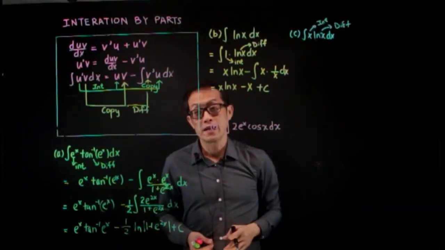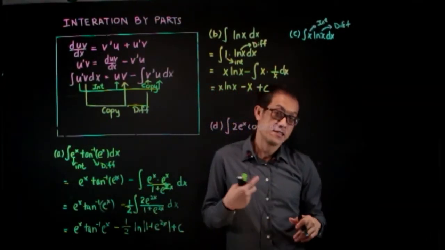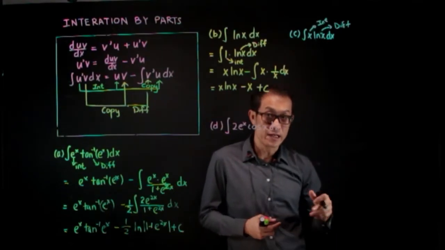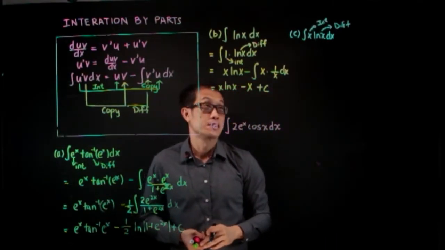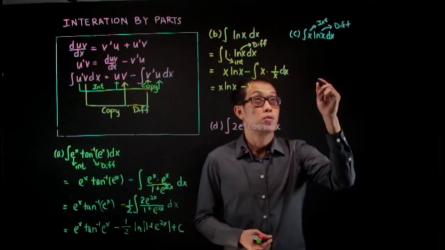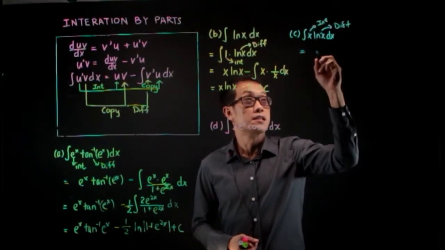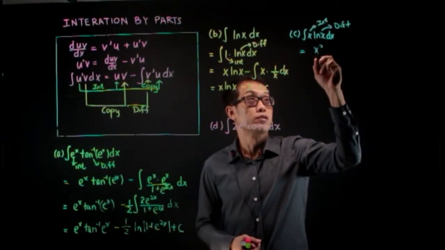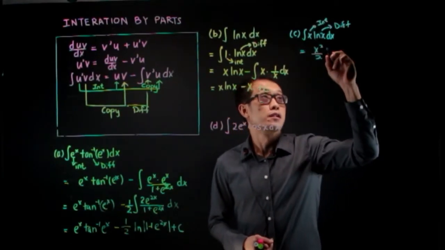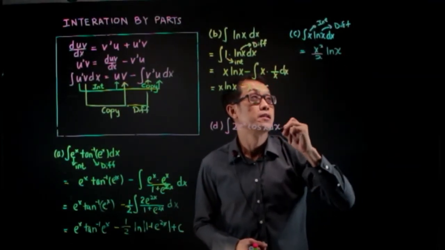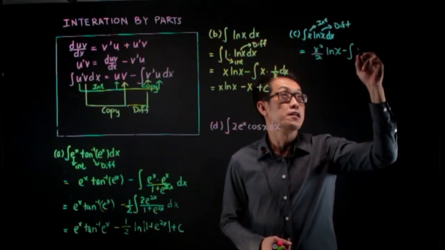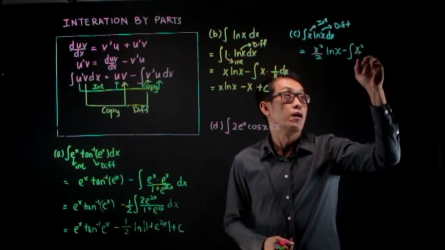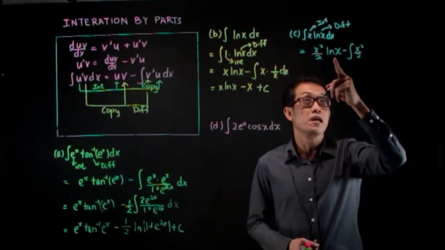When you multiply that together, the x squared can cancel off with the x. So let's integrate this. I got x squared over 2. Then I copy the other one, minus the integral. This one you copy over here and you differentiate.